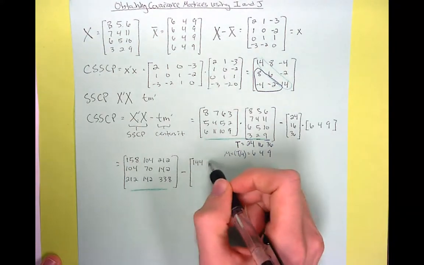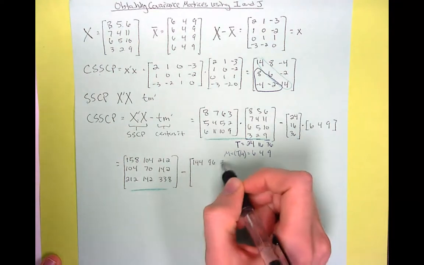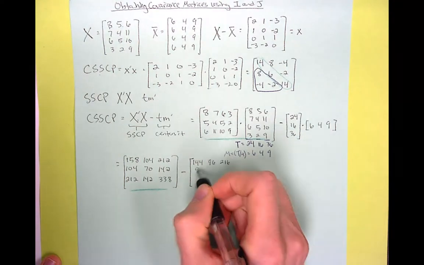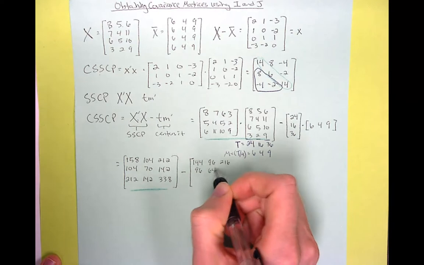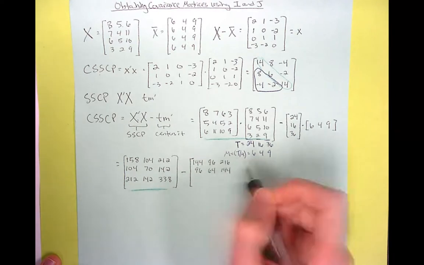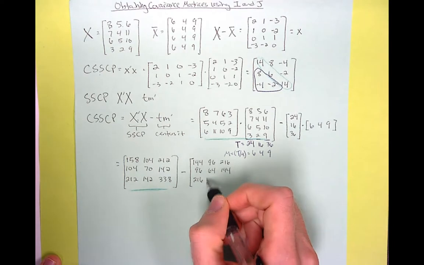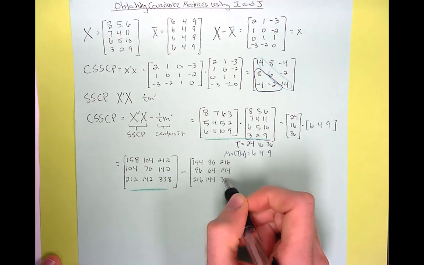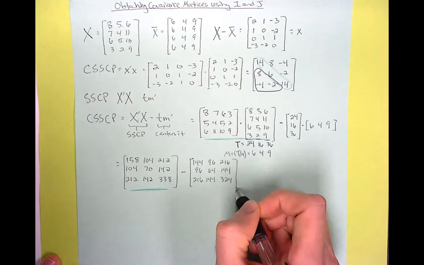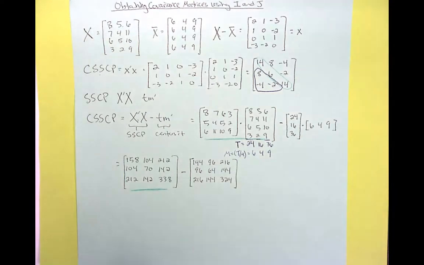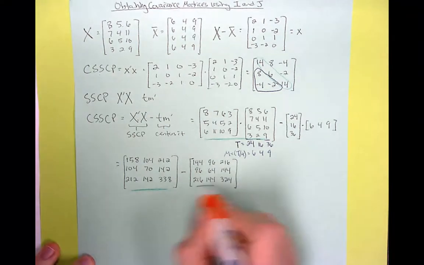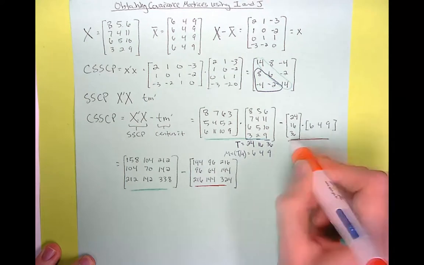It's 144, 96, 216, 96, 64, 144, 216, 144, and 324. So this one comes from these two.